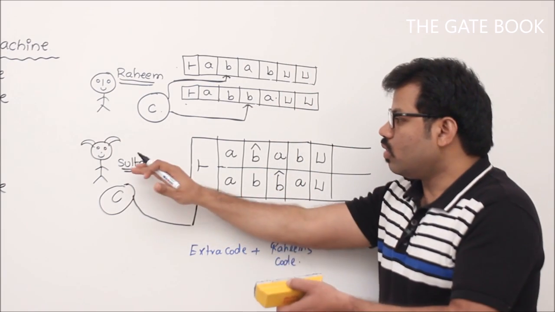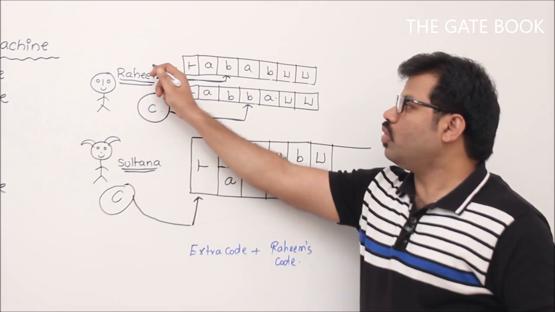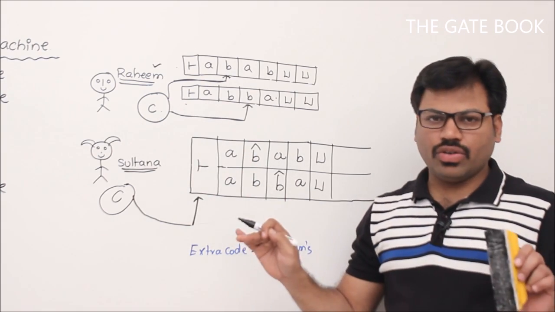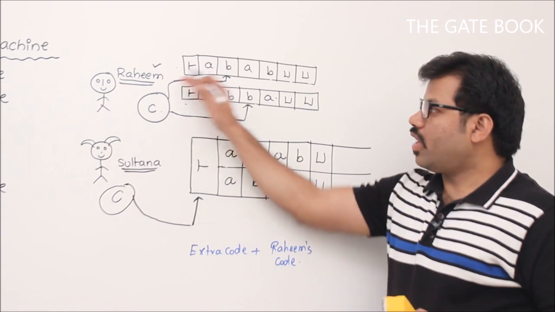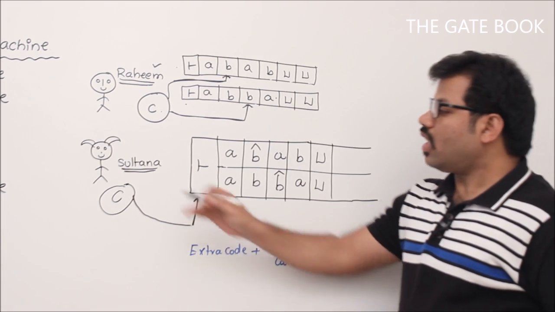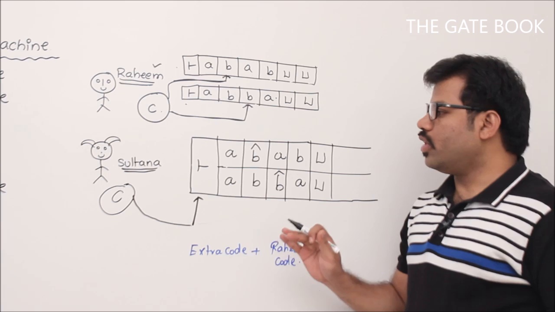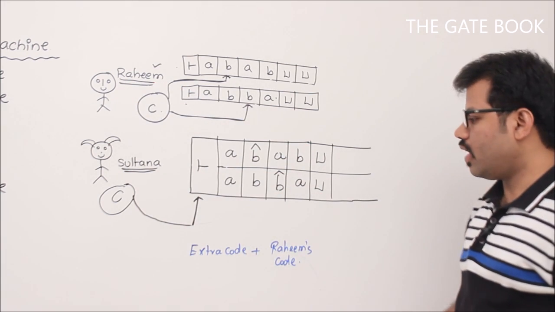That means Sultana is saying, Rahim, I simply simulate you, whatever you do I do. If I do that, will you agree that I am equivalent to you? Then Rahim says yes, whatever I do, if you can do, then I agree. We will see whether Sultana can simulate Rahim or not. That means finally whatever Rahim does, Sultana is going to do. Let's see whether it is possible or not.